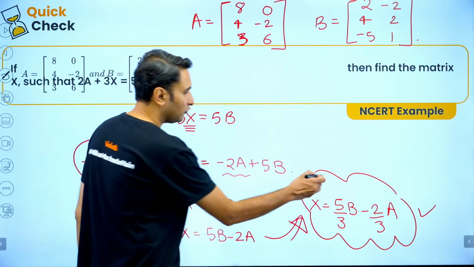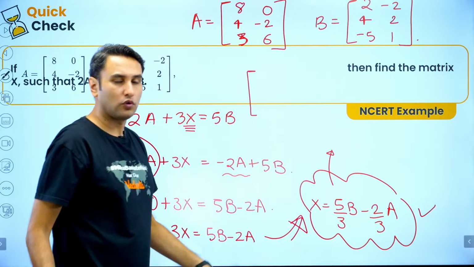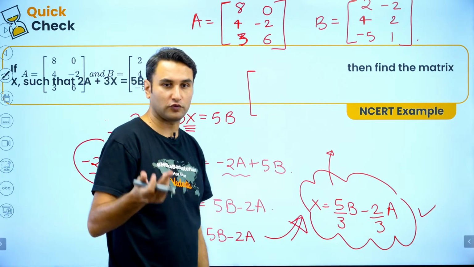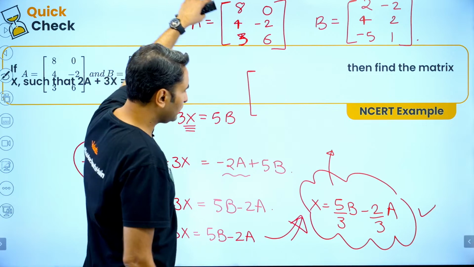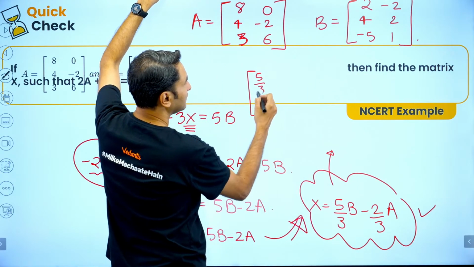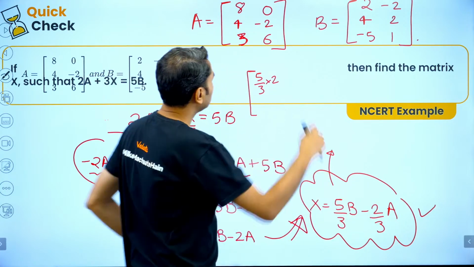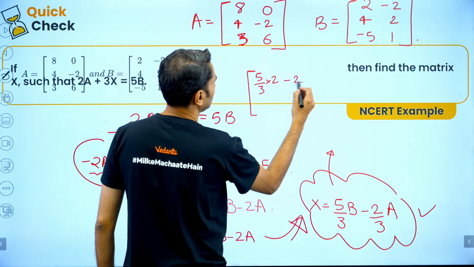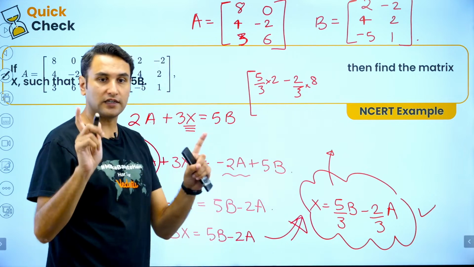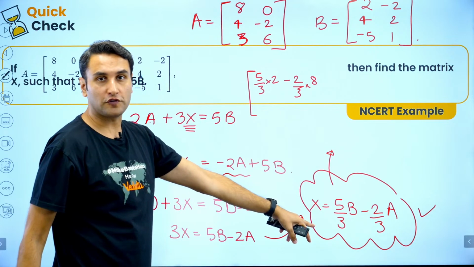I'll write one row, for example, for 5 by 3 B minus 2 by 3 A. In the first row, 5 by 3 B will be 5 by 3 into 2, minus 2 by 3 A, minus 2 by 3 into 8. Got it? In one single stroke, you can write down the first row, first column of X now.